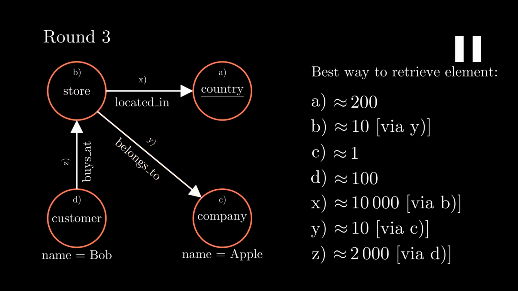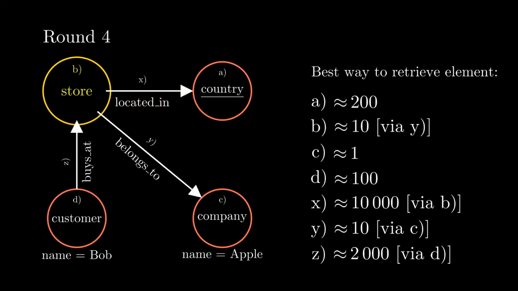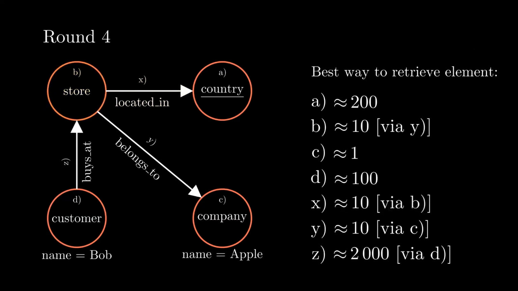We can refine that to 10, and propagate this refinement for the other edges and vertices. And by the time we are here, there are no more refinements that we can propagate. So the optimization phase is done.